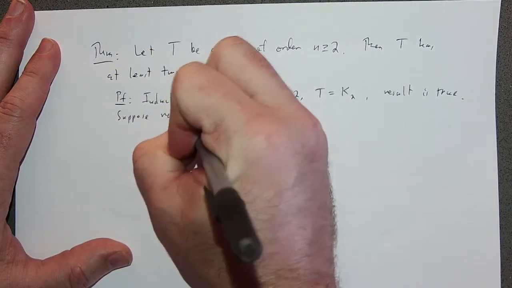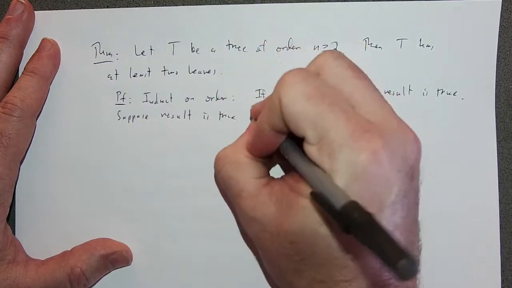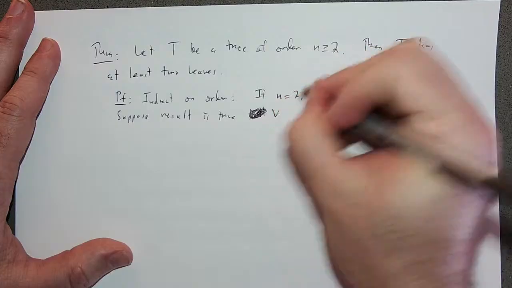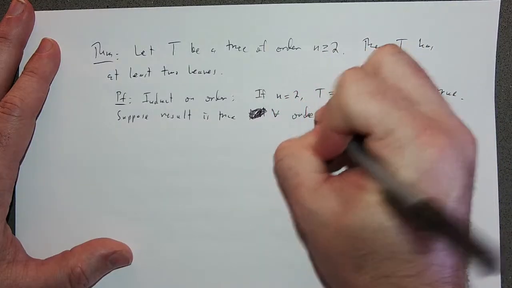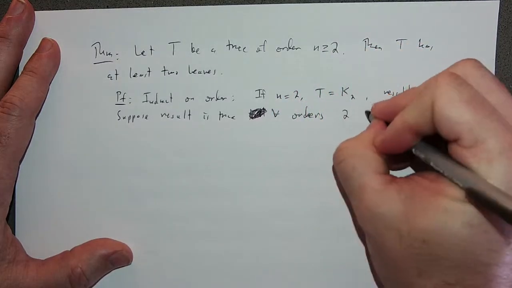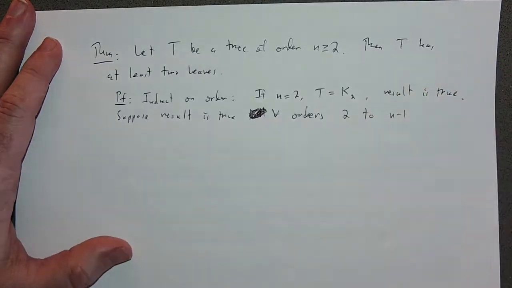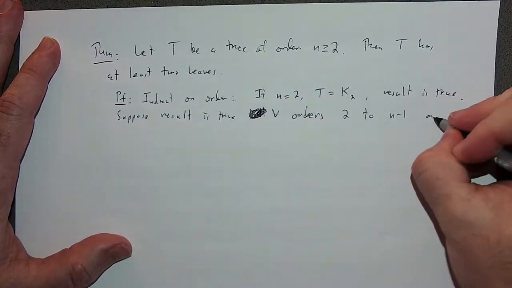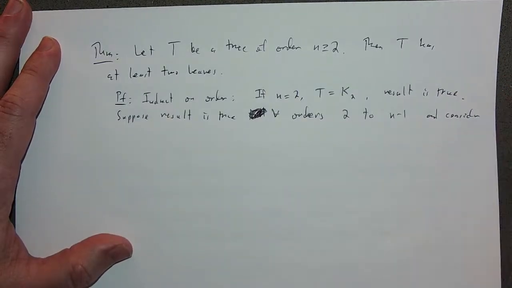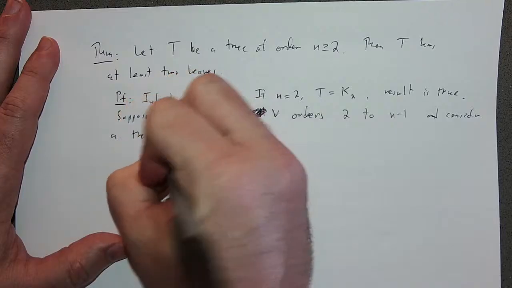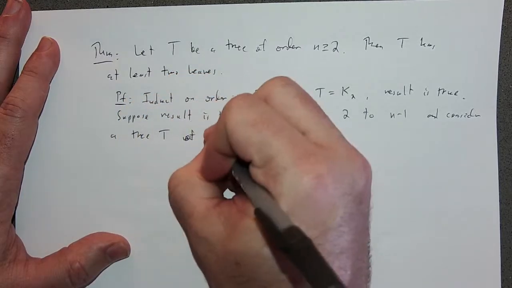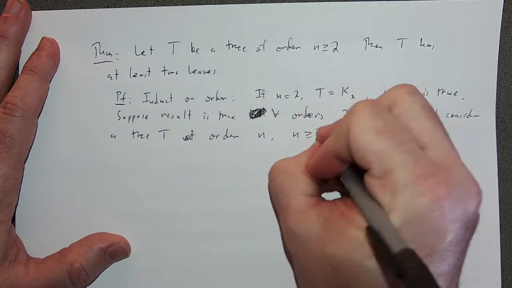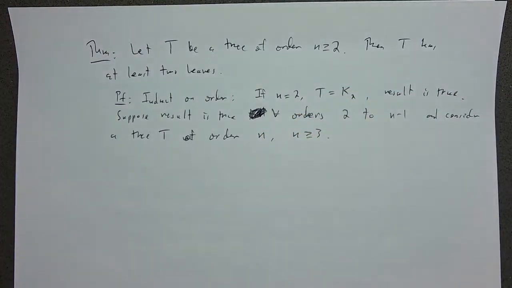Suppose the result is true for all orders from 2 to n minus 1, and consider a tree of order n, where n is greater than or equal to 3 to get us out of just the base case.